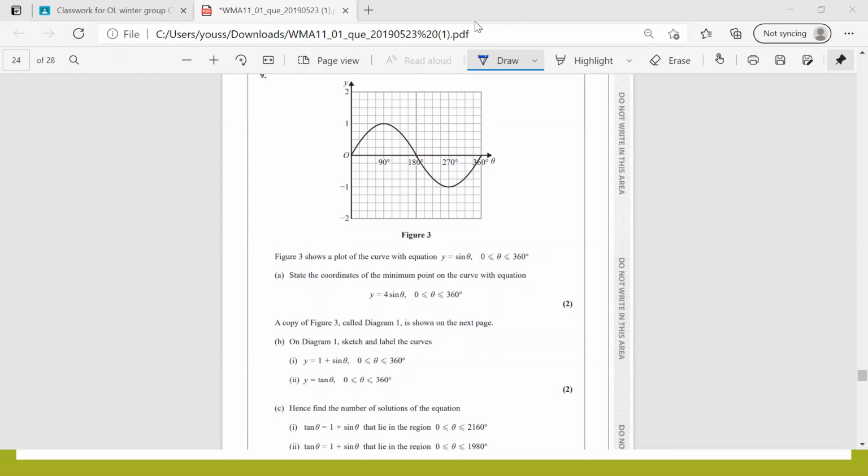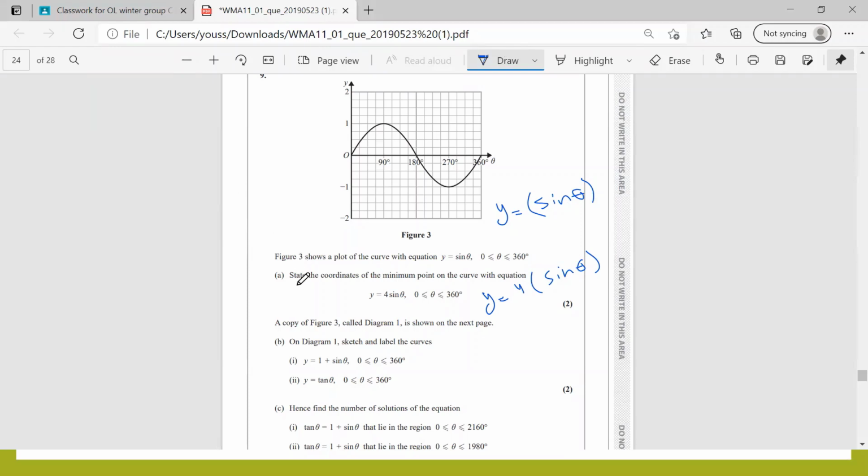In this case, we need to know the transformation that happened. The main function is y equals sine theta, which can be considered the function notation. Here we have y equals 4 multiplied by sine theta, so a vertical stretch has happened to the function.